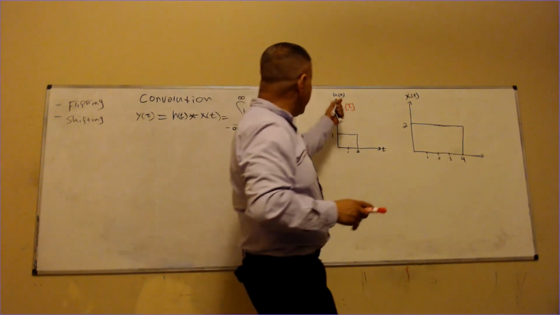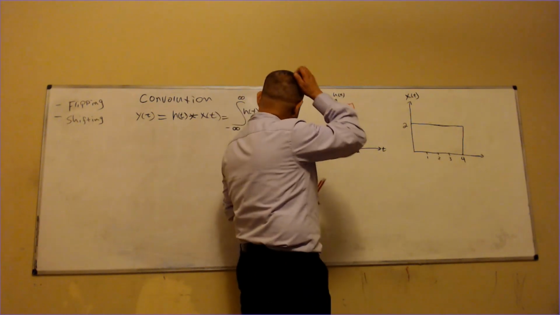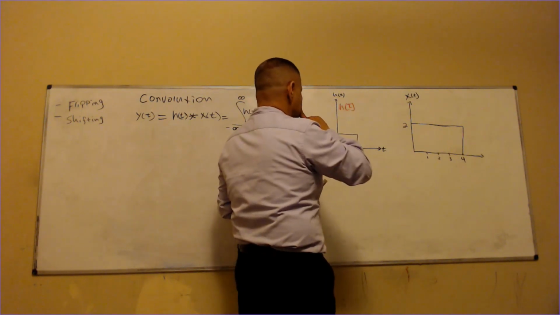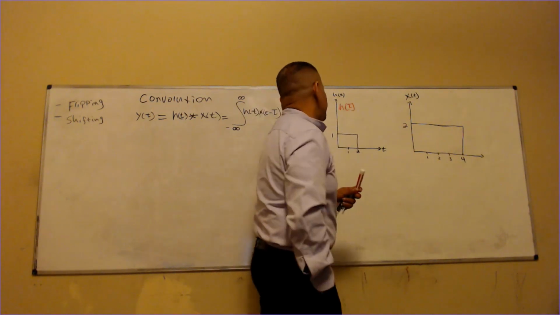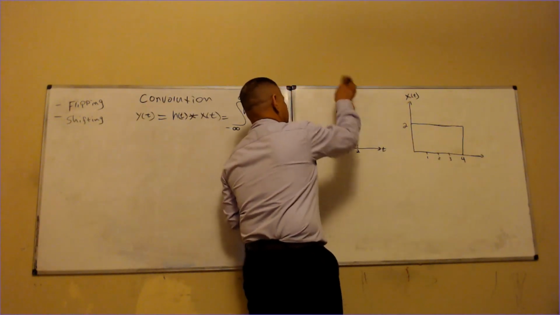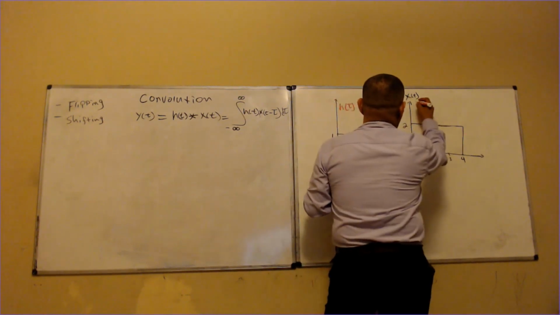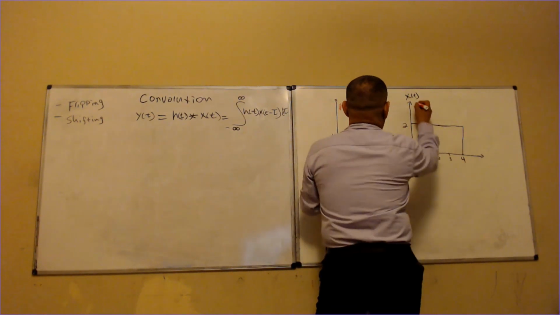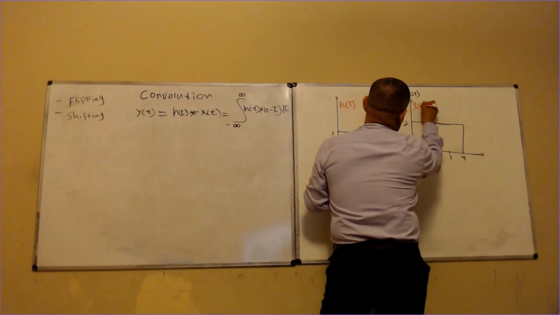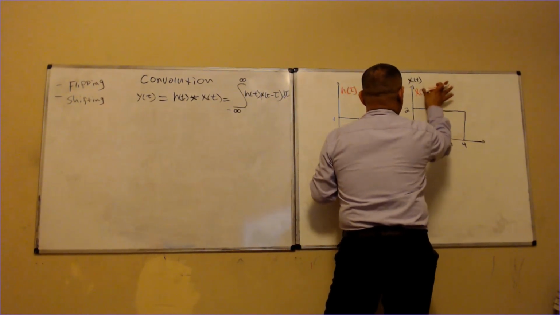I am keeping it black just for you to see, but actually, you know what? Let me just change it, right? So let me erase this. Now this is going to be x of tau, right? I want you to understand this.